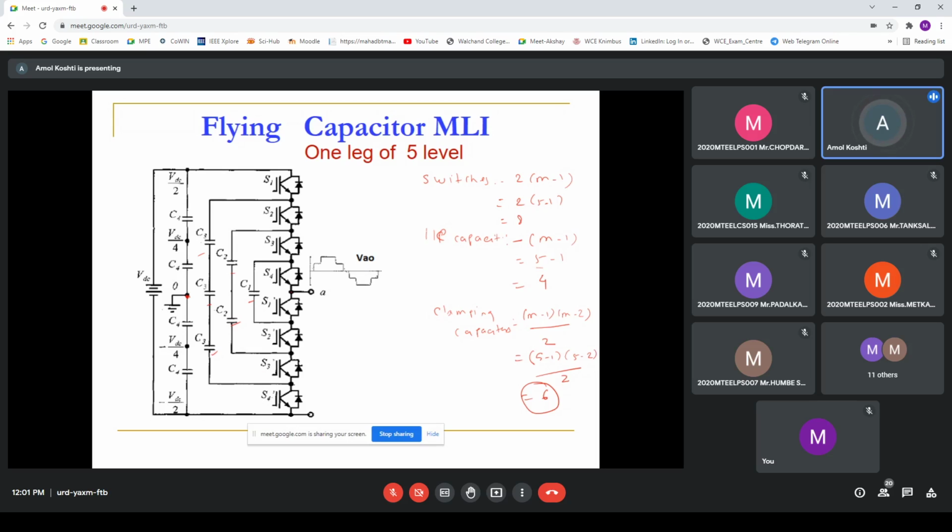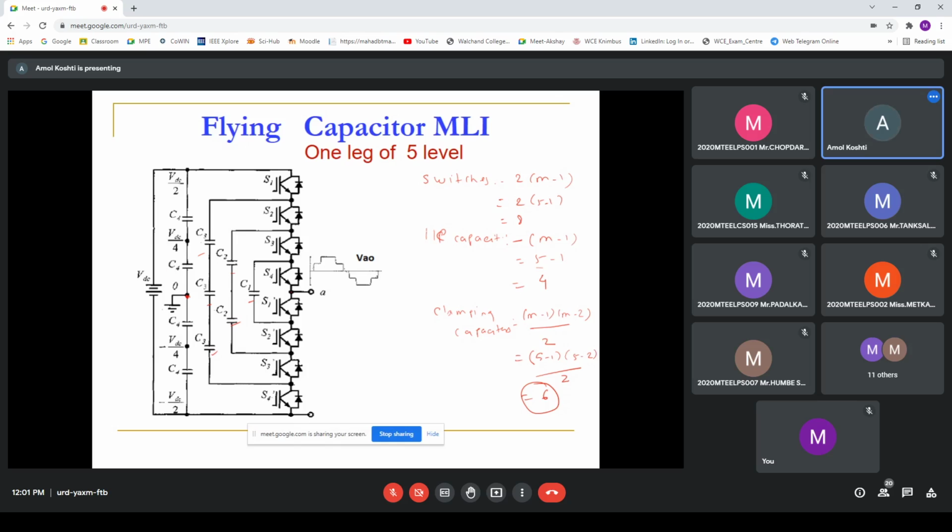So what can be a disadvantage of this inverter? Again, if we extend this topology for higher level inverters, 9 level, 11 level, 15 level, 20 level, the number of capacitors in the circuitry is increased.